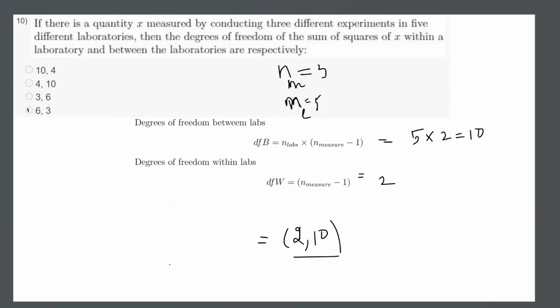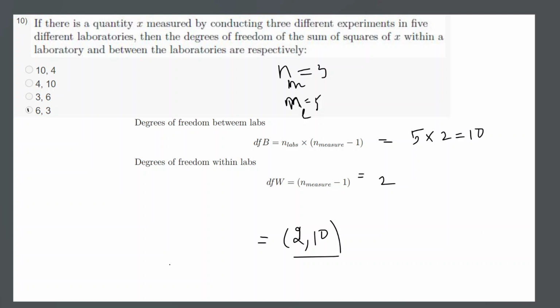So moving on to the 10th question. If there is a quantity X measured by conducting three different experiments in five different labs, then the degrees of freedom of the sum of the squares of X between the laboratories and within the laboratory are, respectively.